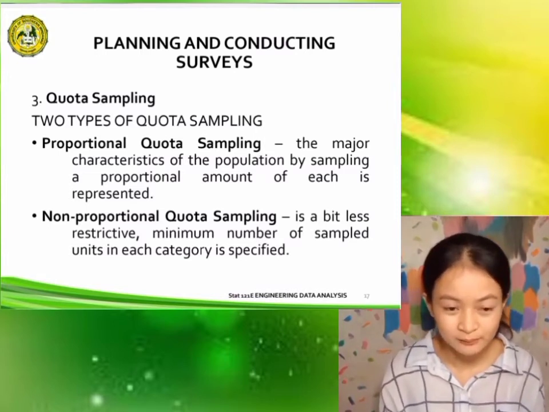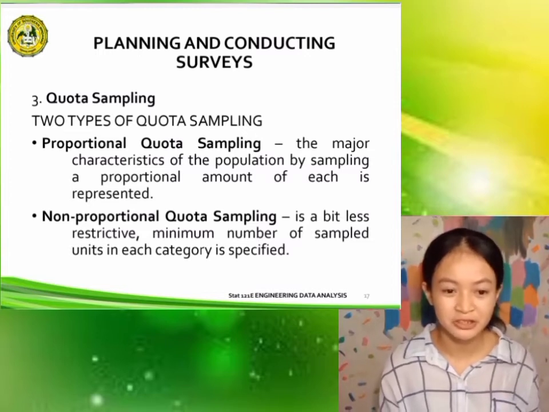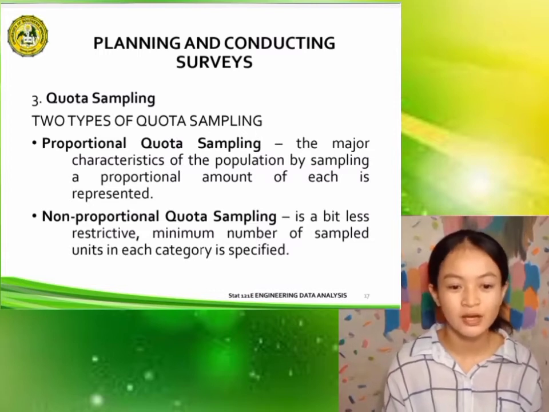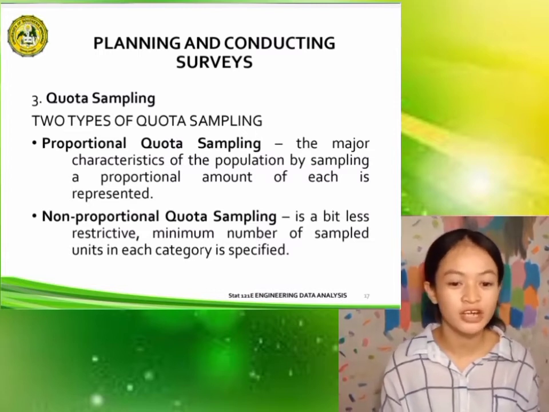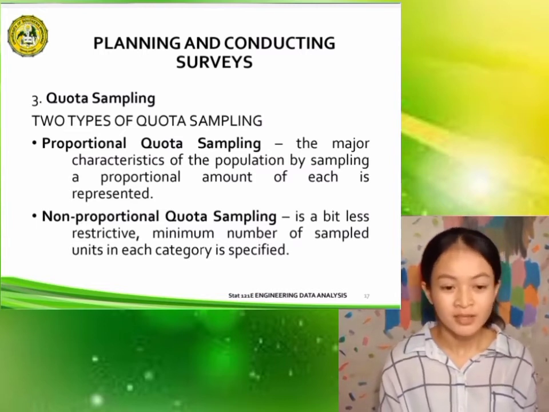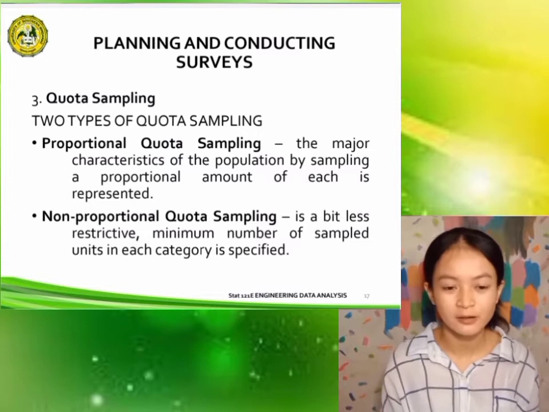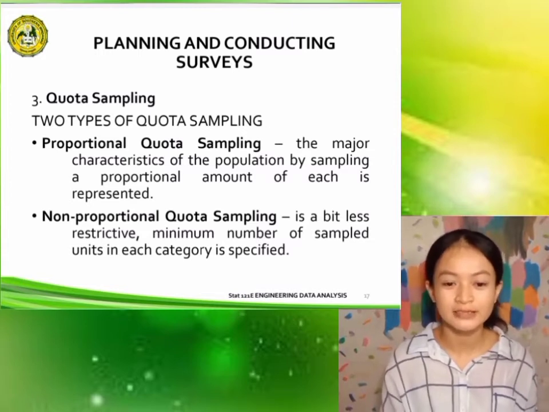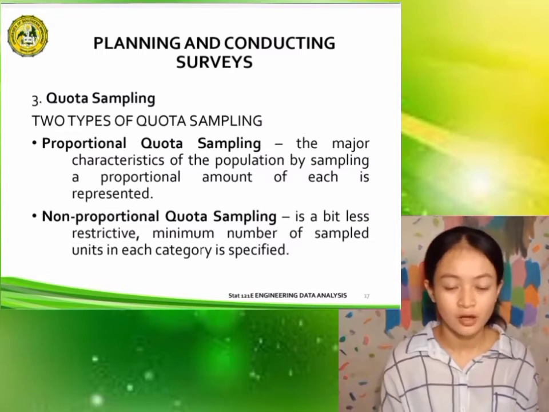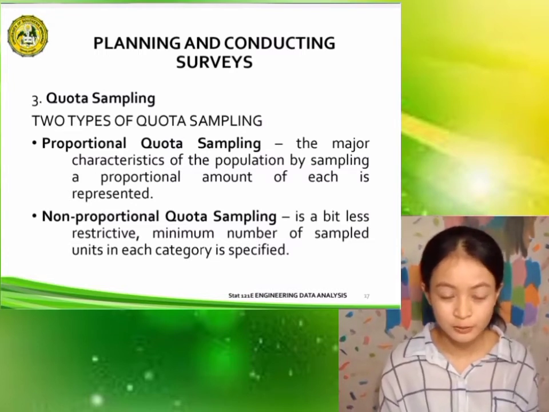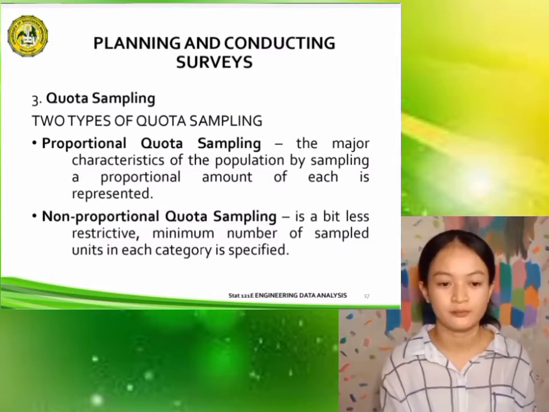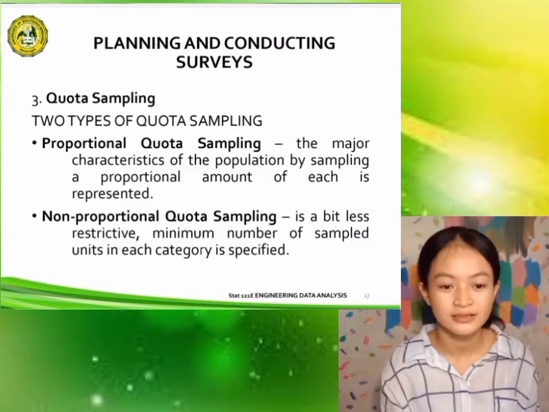For example, if the researcher considers respondents depending on their employment status, then the researcher will get 350 employed and 150 unemployed people. So this sample falls under non-proportional quota sampling, since the number of respondents based on the characteristic is not proportional. So this is the quota sampling.